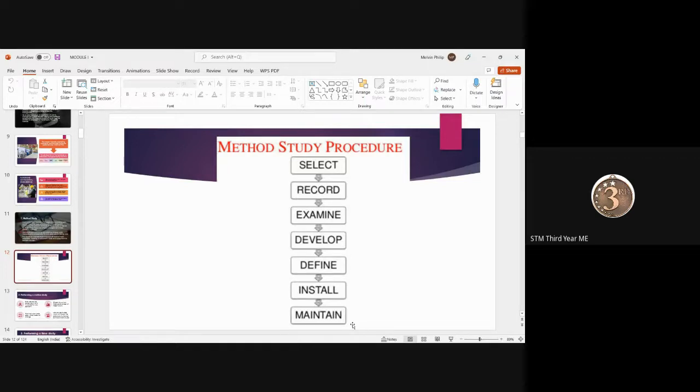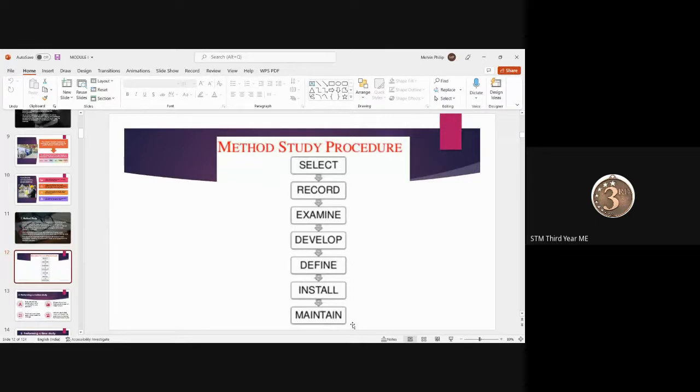After implementation you will not be changing it, only if there is a technological update, or if someone suggests, or on the basis of ERP, etc., we have discussed, right? So on the basis of that study, we are going to change the procedure. Otherwise, we are always maintaining that procedure for as long as we do the production.